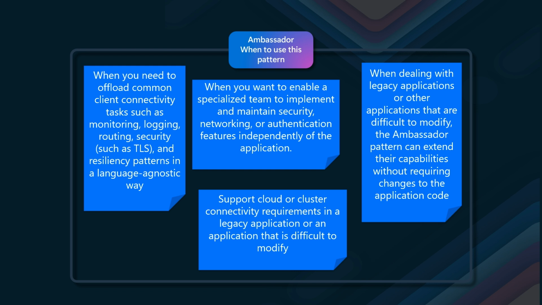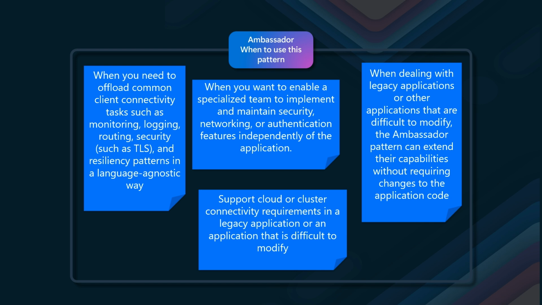So when dealing with legacy applications or other applications that are difficult to modify, the ambassador pattern can extend their networking capabilities without requiring changes to the application code. Specialized teams. You may want to enable a specialized team to implement and maintain security, networking, or authentication features independently of the application. This allows for updates and modifications to the ambassador without disturbing the application's legacy functionality.